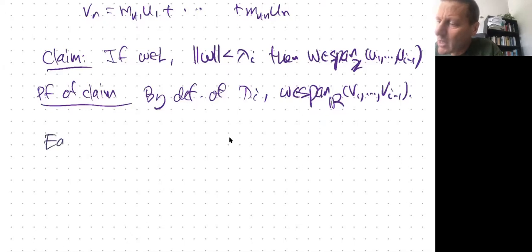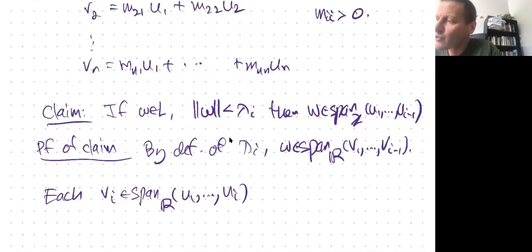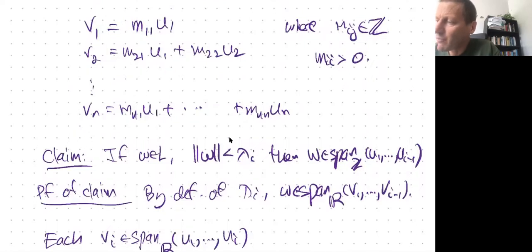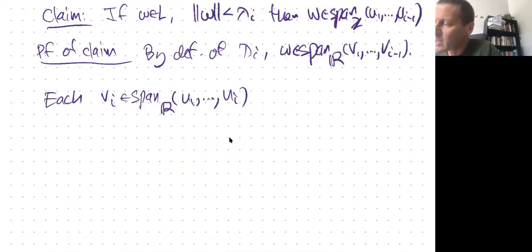Each Vi is in the Z-span, in particular in the R-span, of U1 up to Ui. That's just because of the triangular form of this system of equations. So every one of the Vi's is spanned by the Ui's with smaller indices.